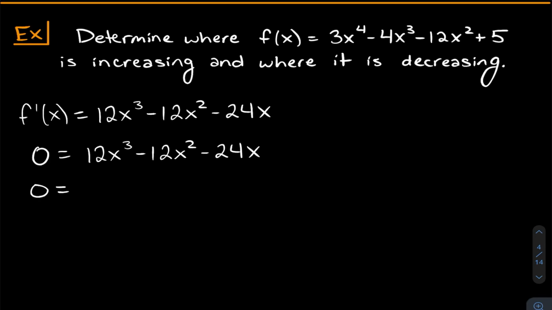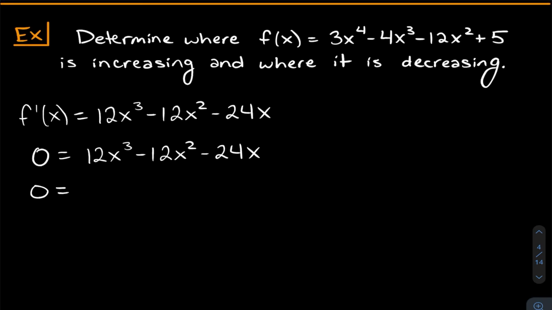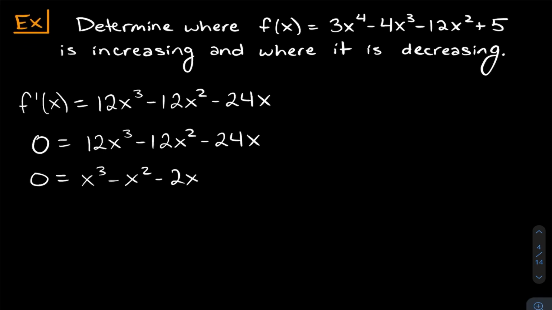So we have 0 here is going to be equal to, let's factor an x out, and we can also just divide 12s away. So maybe that's a smarter option first, actually. Let's do that first. We'll write this as x cubed minus x squared minus 2x, and then we'll factor our x out. Then we just got to factor this.